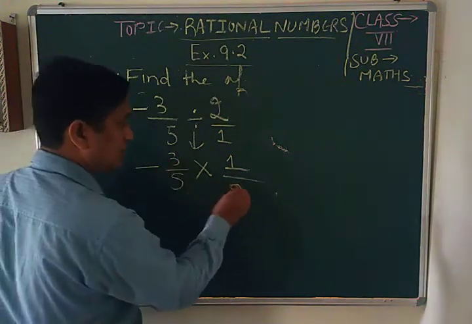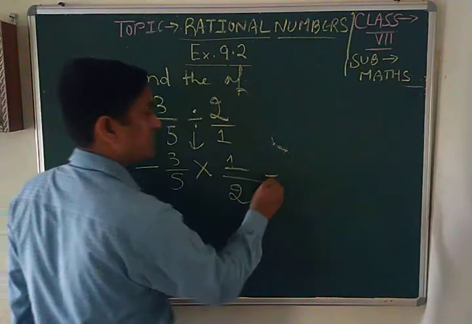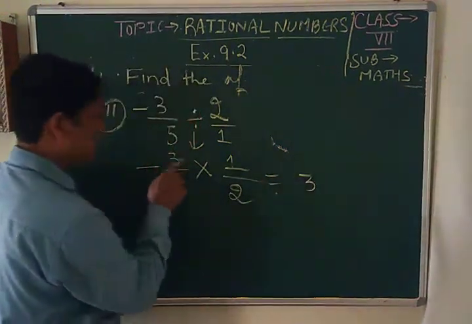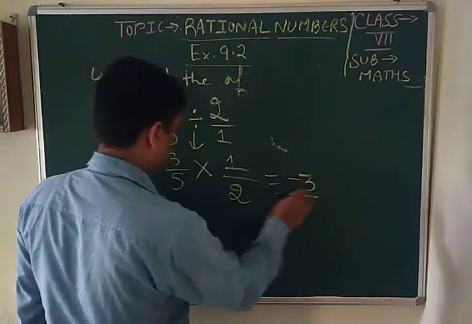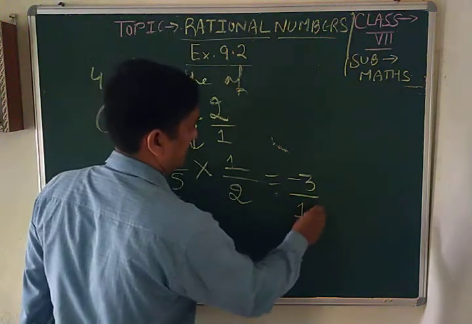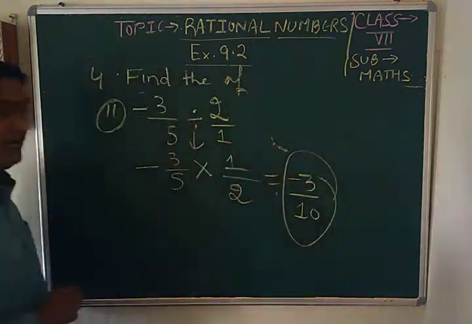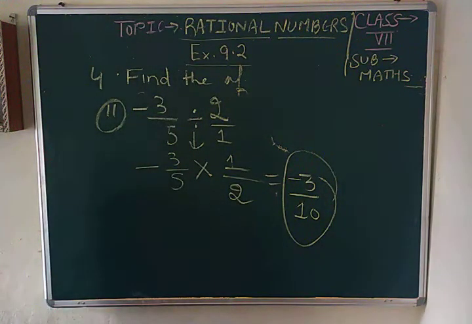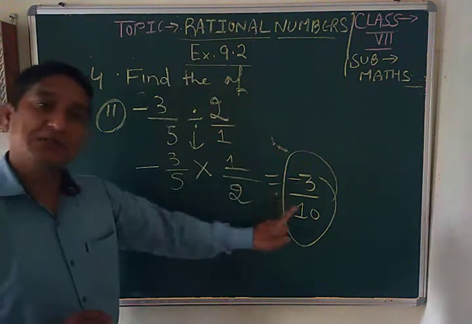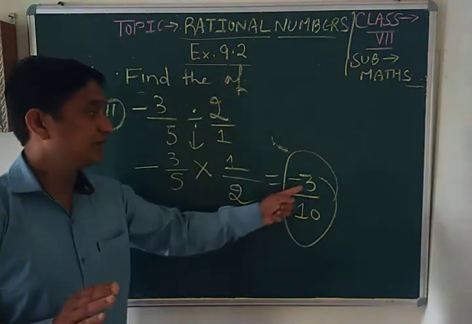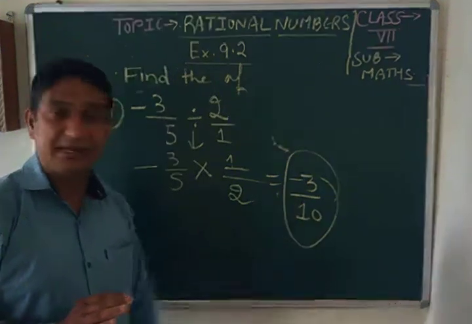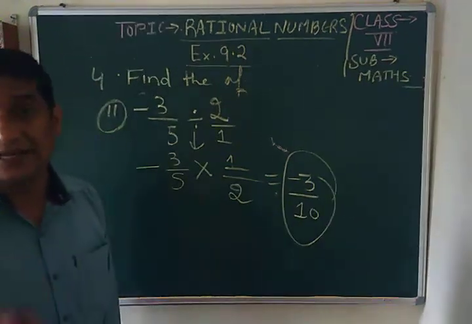No one. So you should multiply. 3 ones are 3, plus minus, 2 fives are 10. So the answer is minus 3 by 10. And this is in the lowest form already. You can't bring this into lowest form. Keep minus 3 by 10 as the final answer.